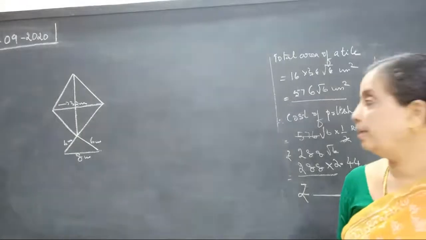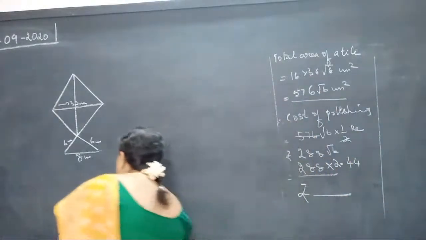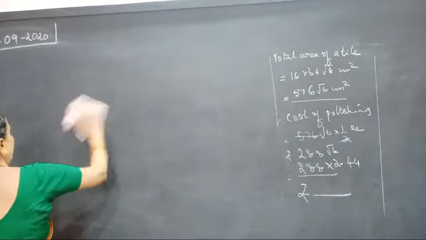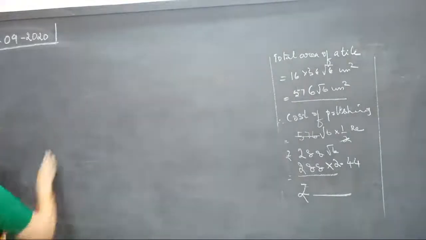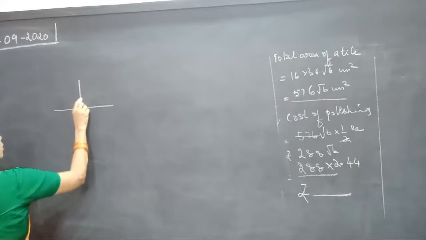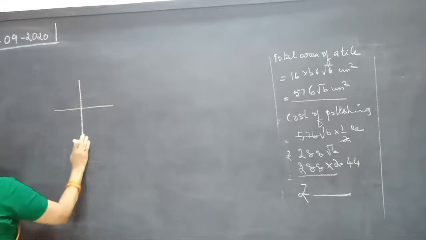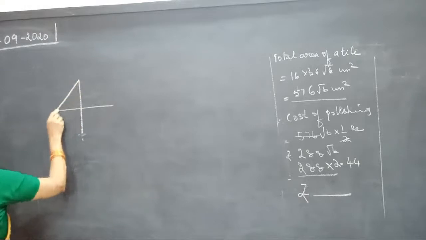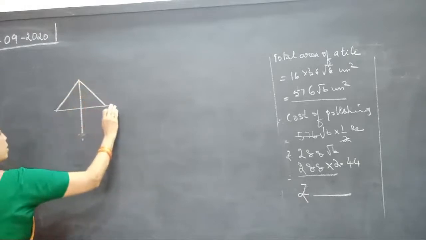And we know that the diagonal of a square bisect each other. So I'll show you in a wider way. This is one diagonal with the same measurement, another diagonal. Join them like this.